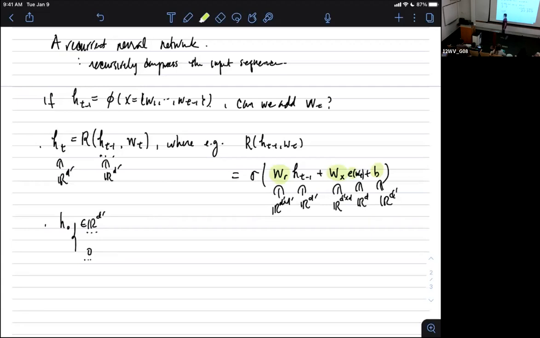And then the number of parameters is fixed. The number of parameters we can really count, right? So we have D prime square many numbers in this WR. We have D prime times D many numbers in this matrix WX, and then we have D prime many numbers in this bias vector, and then the embedding, we also know how many of them there are, and it's fixed.